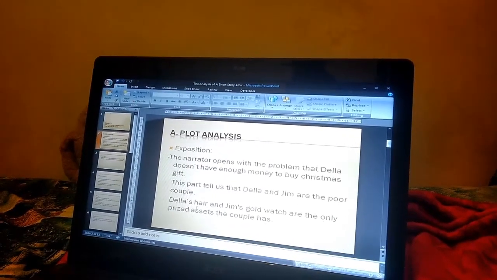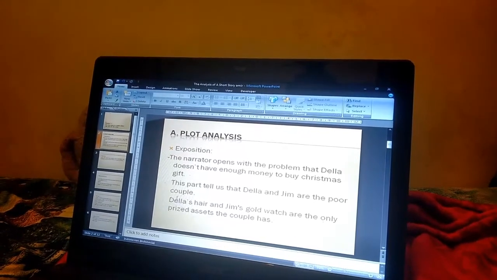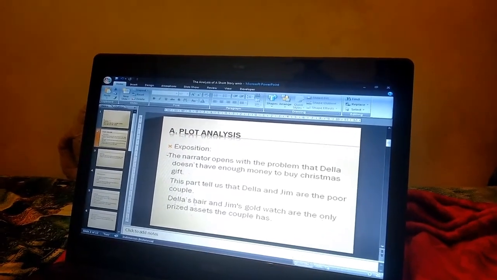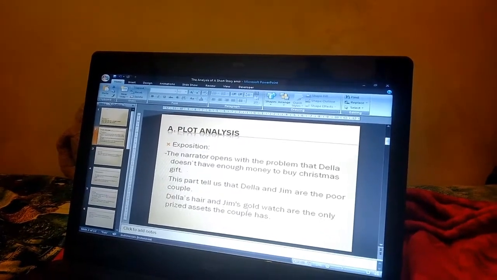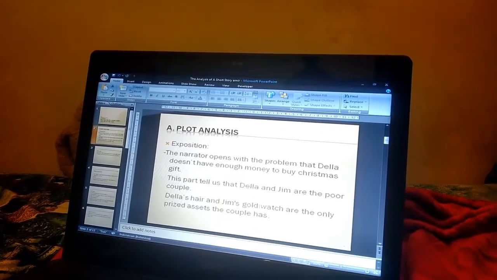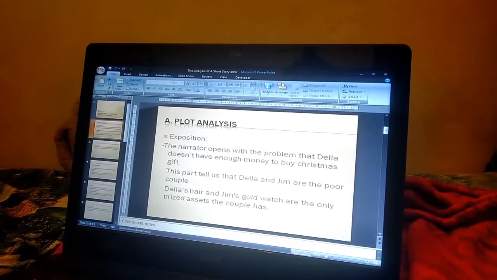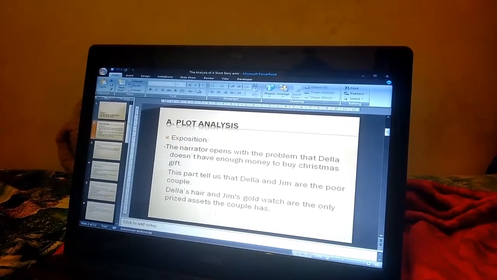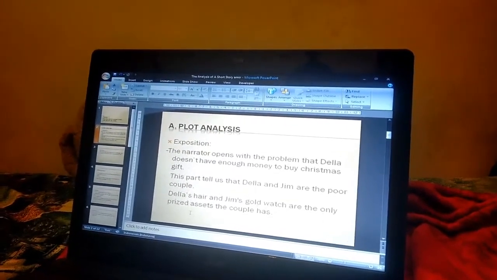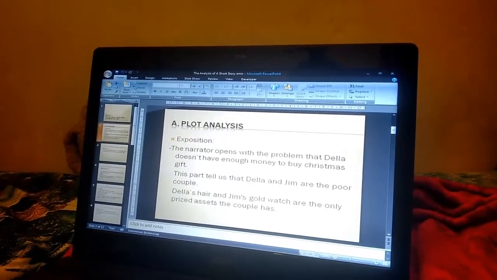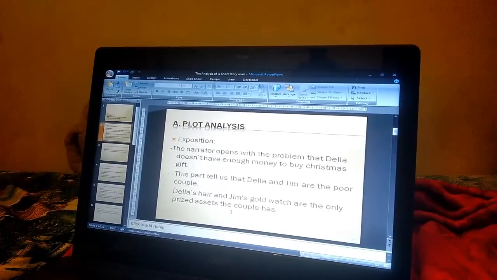And in this part, we get Della's hair and Jim's gold watch. Della's hair and Jim's gold watch are the only prized assets, the only prized things that they have.